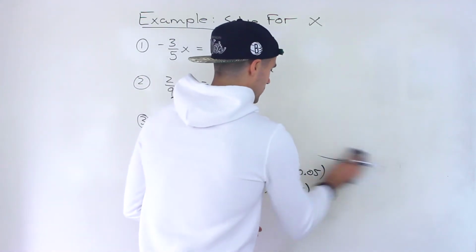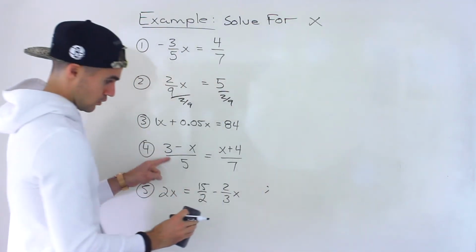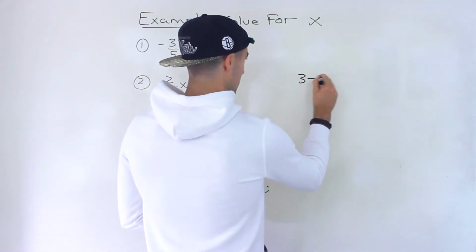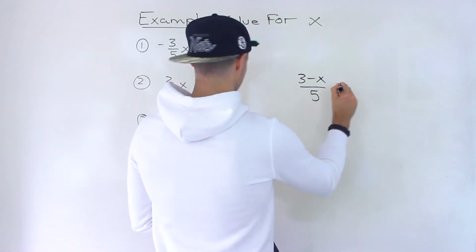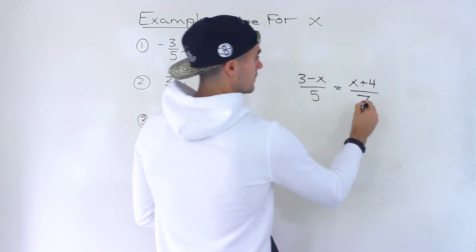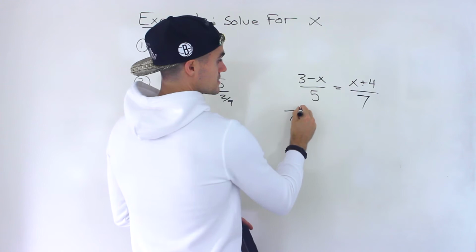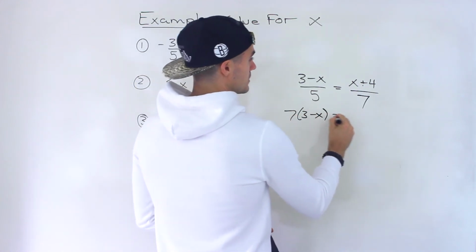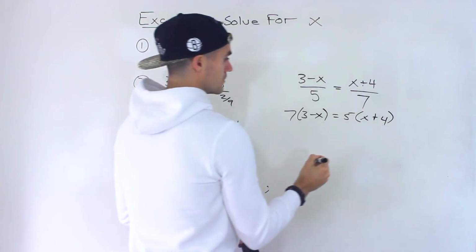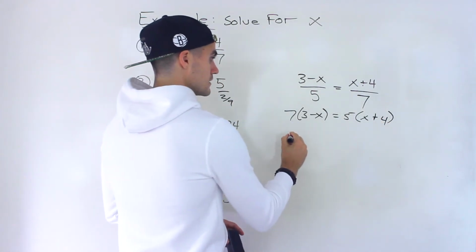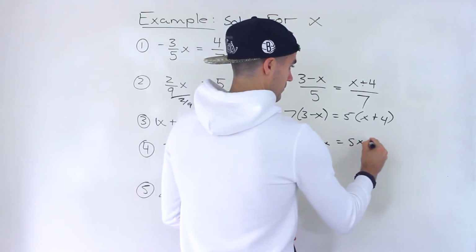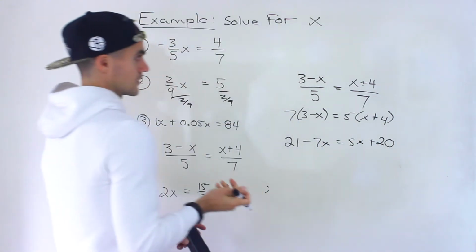And over here, we've got 3 minus x over 5 equals x plus 4 over 7. So this one's pretty obvious what to do. Cross multiply. 7 times 3 minus x equals 5 times x plus 4. Then expand everything, like that.